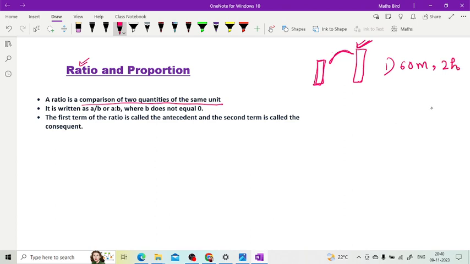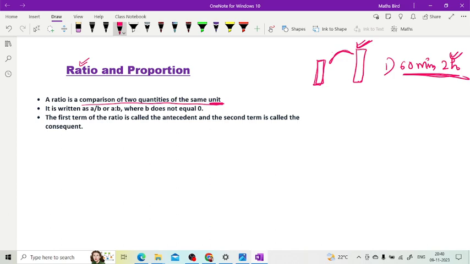You can't compare these things because the first is in minutes and the second is in hours. So firstly you have to convert minutes to hours or hours to minutes. That's why it is given that a ratio is a comparison of two quantities of the same unit. That means the unit should be the same. We will discuss it later.